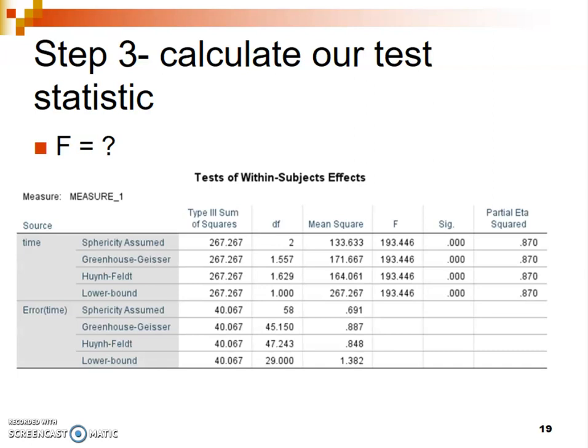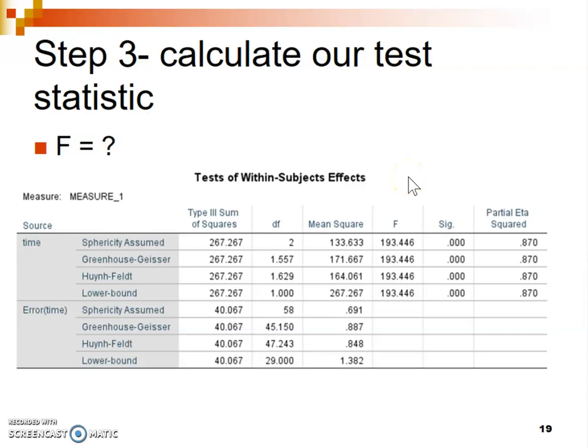So here is the output from SPSS. One major thing that I want to point out, if you're actually running your own analysis, is to make sure you're using the correct table. The table is listed as tests of within subjects effects. There are other tables that sometimes look very similar to this, so do make sure you're looking at the correct table labeled tests of within subjects effects.